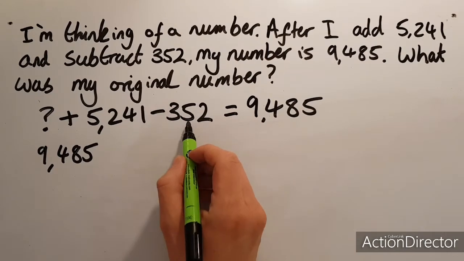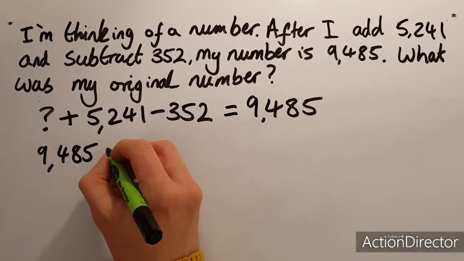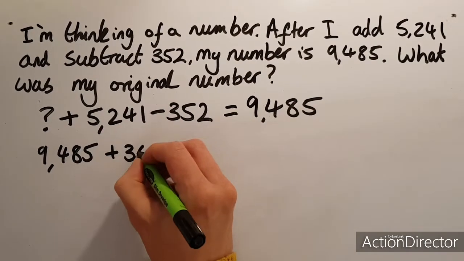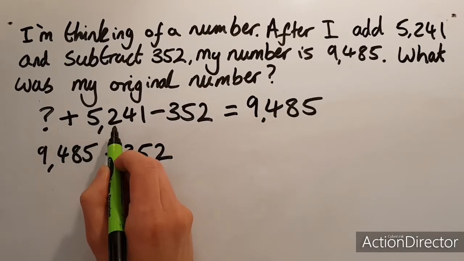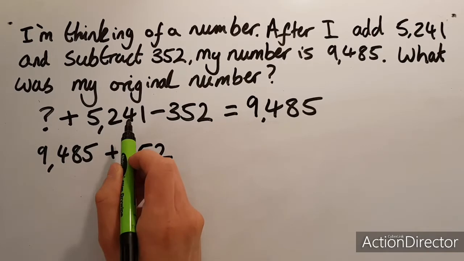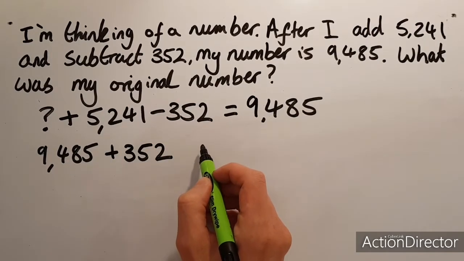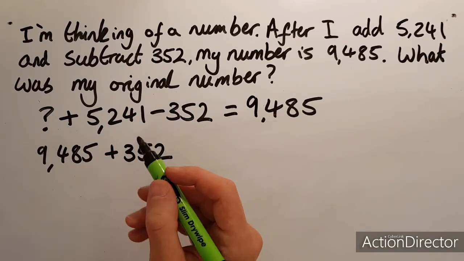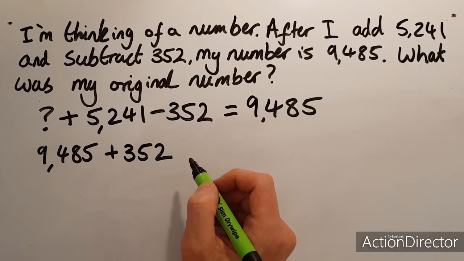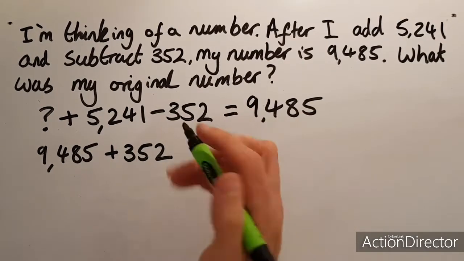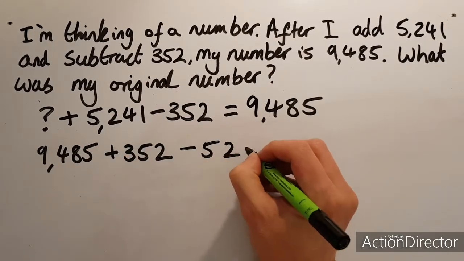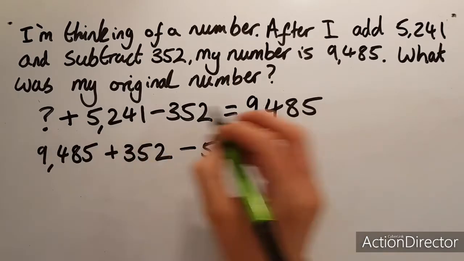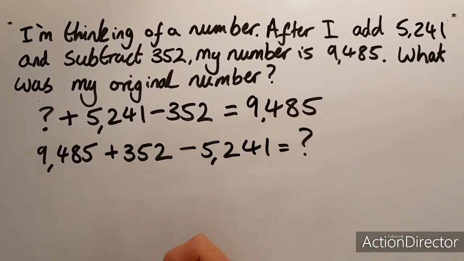Instead of subtract 352, I need to do the inverse, and that is to add 352. Next I have add 5,241, and I want the inverse of that. Will it be plus 5,241 or subtract 5,241? It will be subtract because that's the inverse of addition. 5,241, and then that will give me my missing number, my original number.